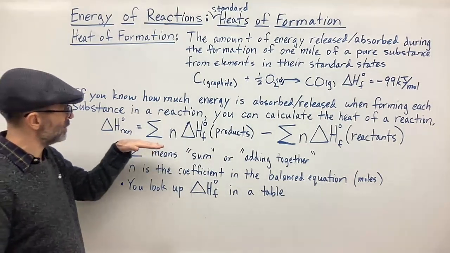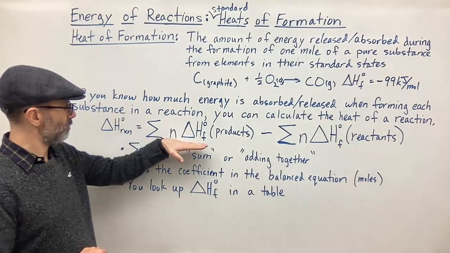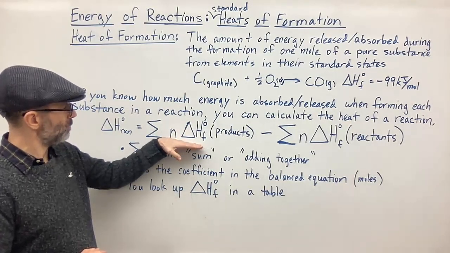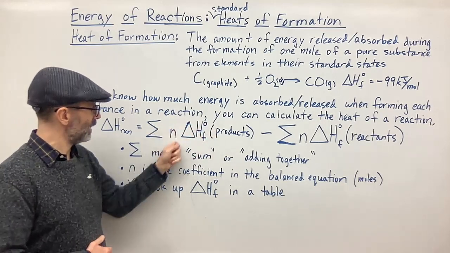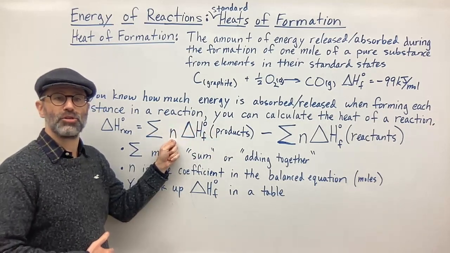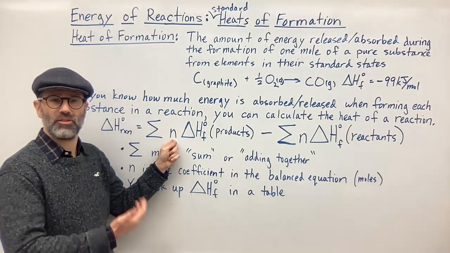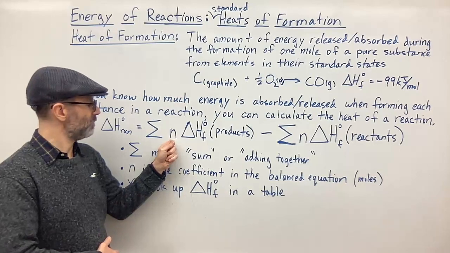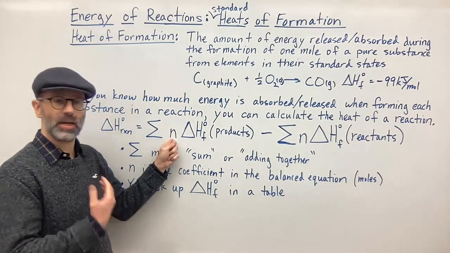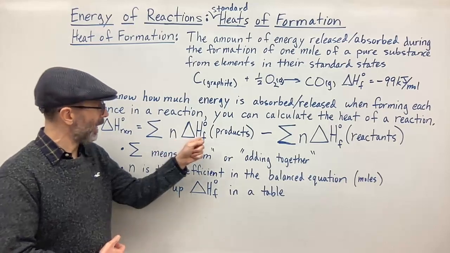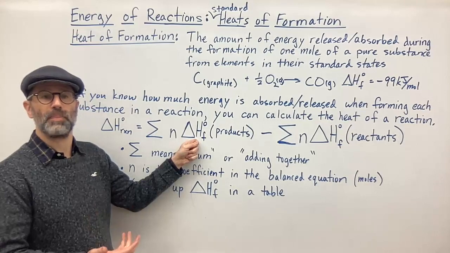You can take the sum of all of the molar amounts of your products and multiply them by their standard heats of formation. This n here refers to the coefficient, or the molar amount that is in your balanced equation, and you're going to multiply that number of moles by the standard heat of formation that you would look up in a table.